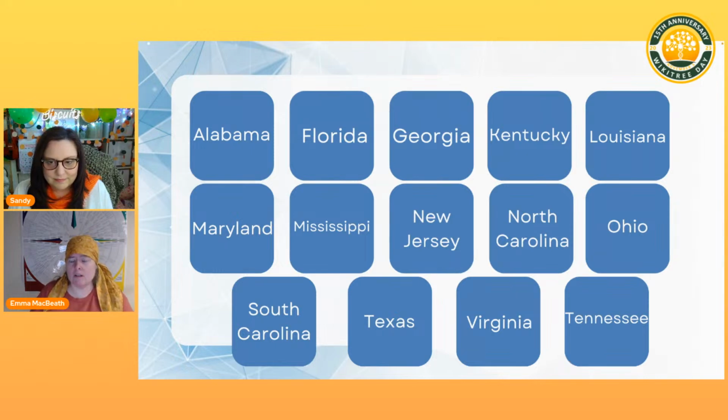And so these are the teams that we have so far: Alabama, Florida, Georgia, Kentucky, Louisiana, Maryland, Mississippi. New Jersey is our brand new team starting up this month. North Carolina, Ohio, South Carolina, Texas, Virginia. And I put Tennessee last out of alphabetical order because it's not started yet, but it's coming in a couple of months.